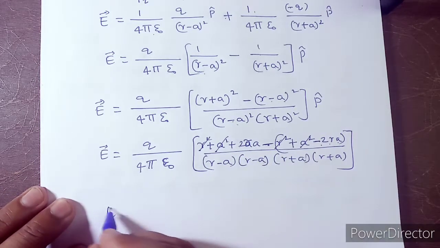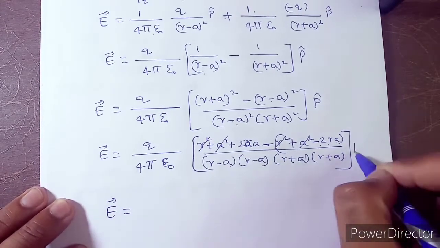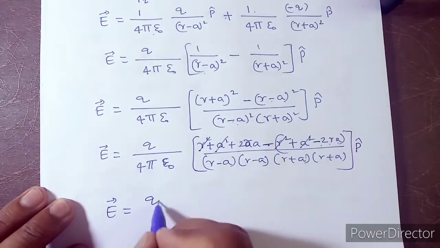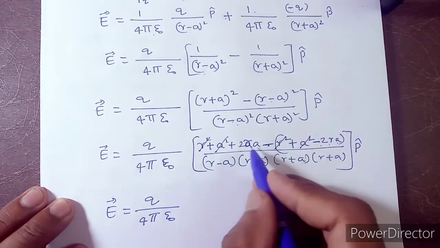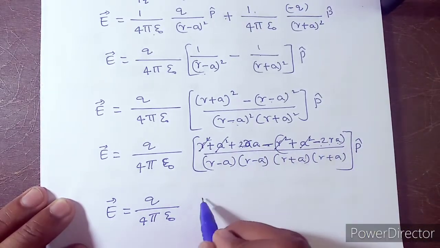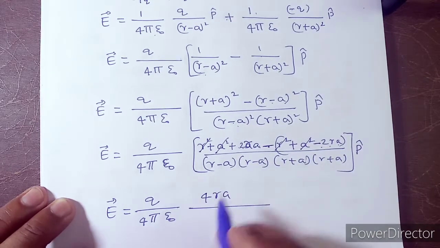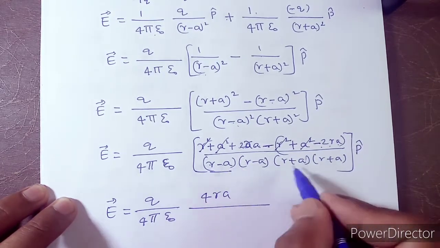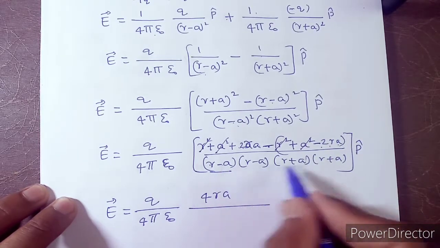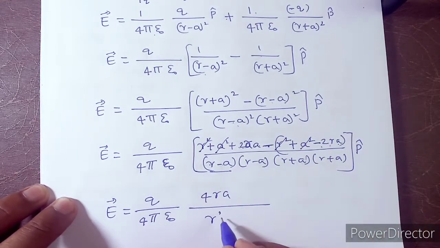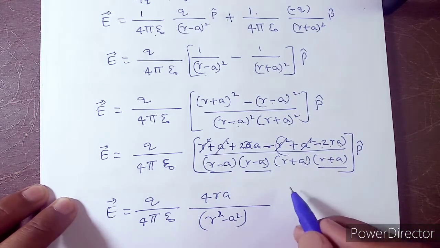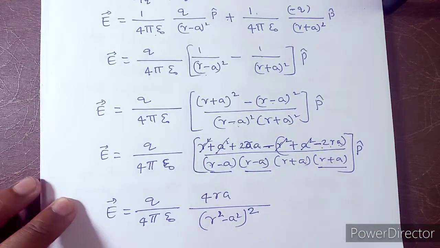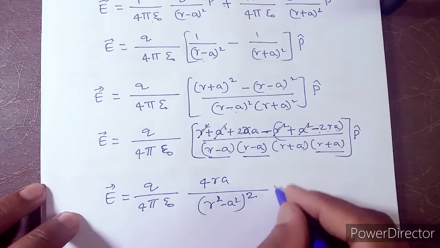Then you will get E is equal to Q divided by 4 pi epsilon naught, 2RA plus 2RA is 4RA, divided by (R minus A) into (R plus A), that is in the form of (A minus B) into (A plus B), that can be written as R square minus A square. Then again (R minus A) into (R plus A) is again R square minus A square. So we will be having two terms. If you multiply that, you will get this into P cap.